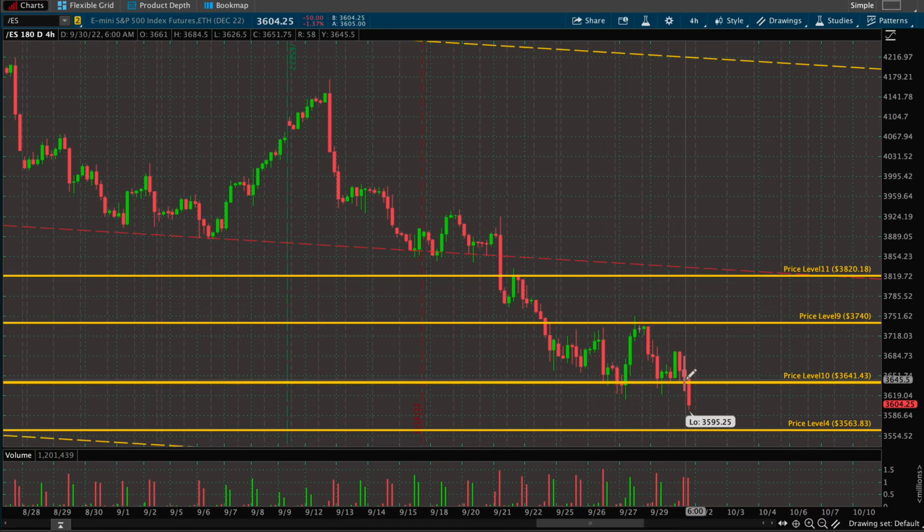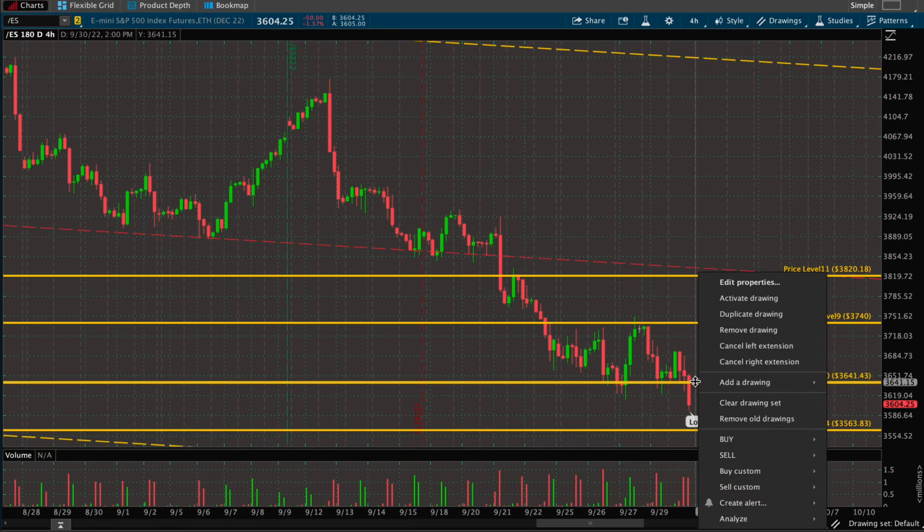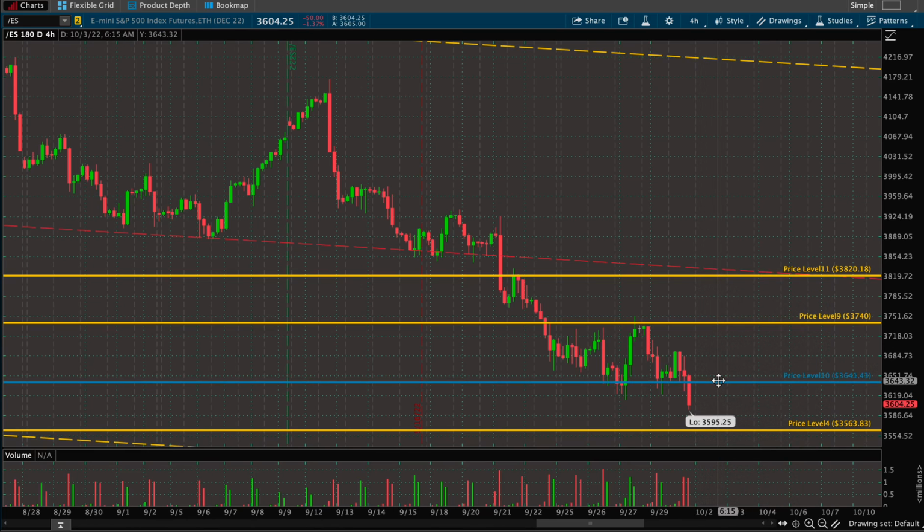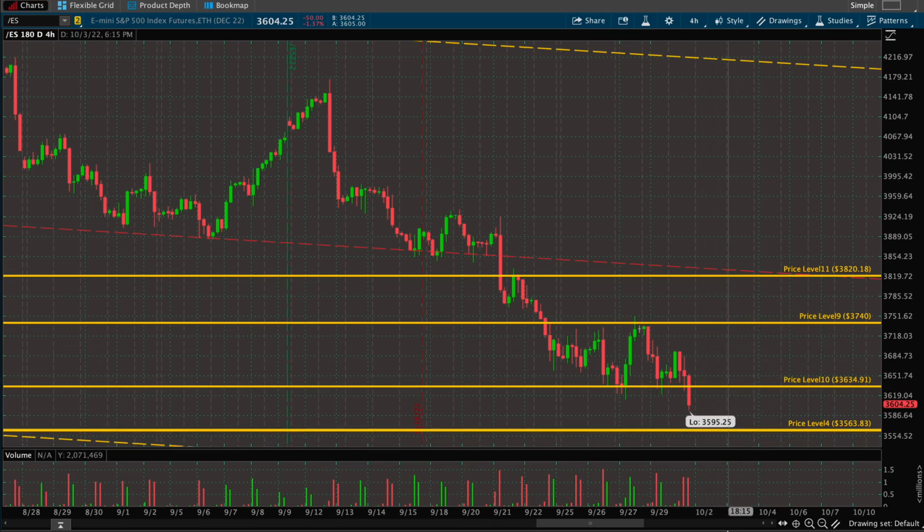Tried to hold here, took a lot of effort to break through that. Hence for me it's very important, this level of 36.33 to 36.40. So let's activate this trend line and we'll move it to wherever that is, so the 36.34 to 36.40 level.